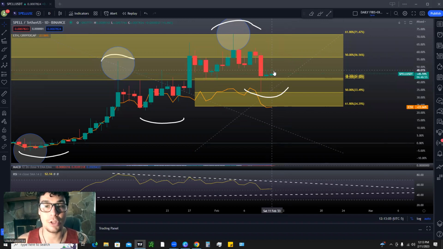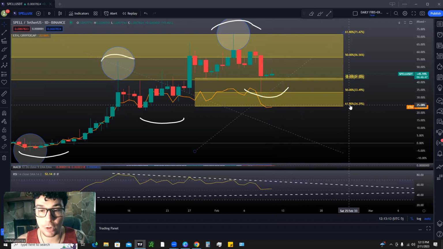So at the moment, we still look like we could be in a bullish cycle. Now, if we come down and break our major levels of support, we may end up seeing Spell start to underperform Ethereum and underperform Bitcoin. And if that happens, we could be heading into a bearish cycle.